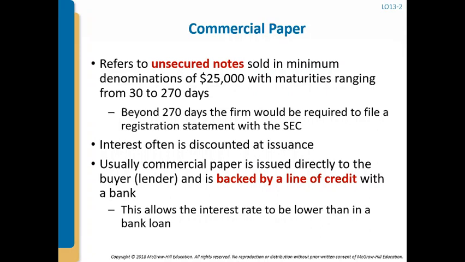Anything beyond 270 days would require what's called a registration statement. So much more disclosure requirements involved, and you have to register those with the SEC. So usually 270 days is the cutoff point, because companies want to avoid that extra paperwork with the SEC.